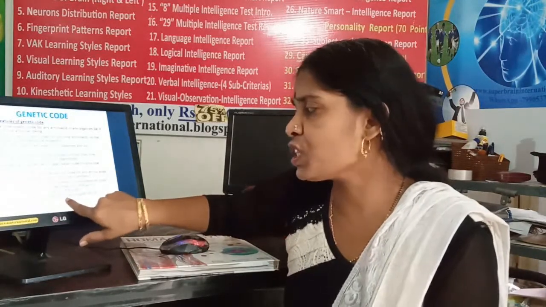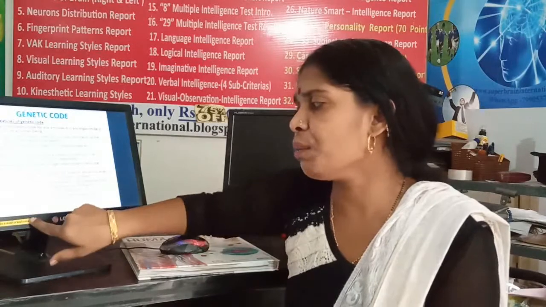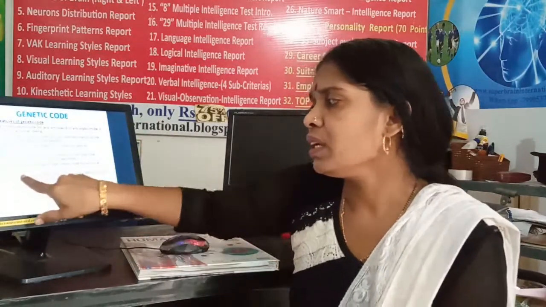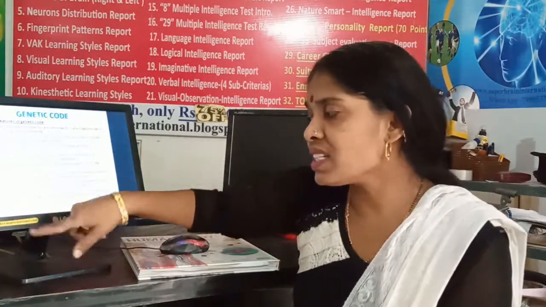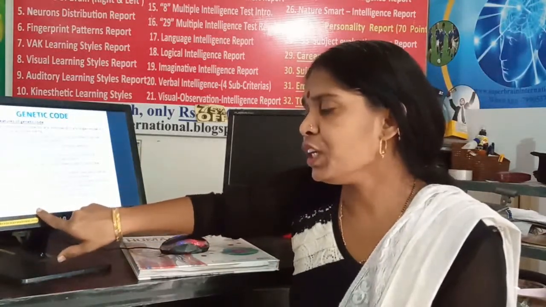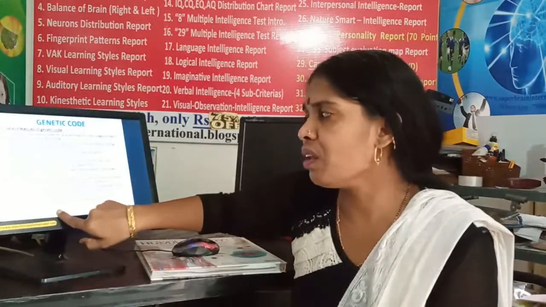Out of that, 61 codons code for 20 amino acids and 3 are non-coding stop codons. And as I said earlier, AUG is an initiating codon, and it also codes for Met. So it plays a dual function.